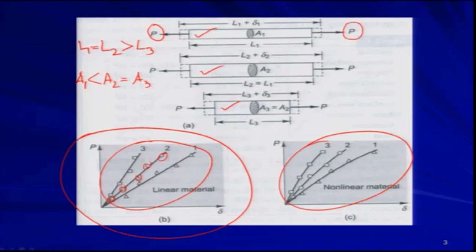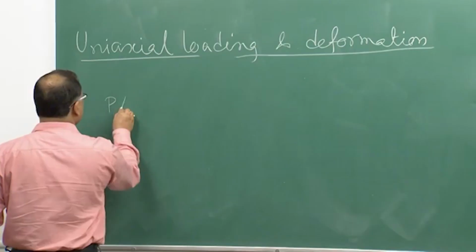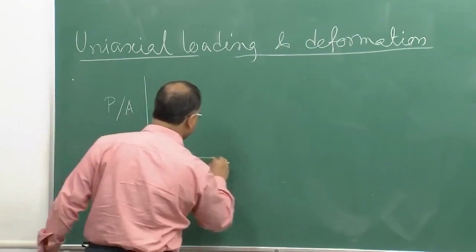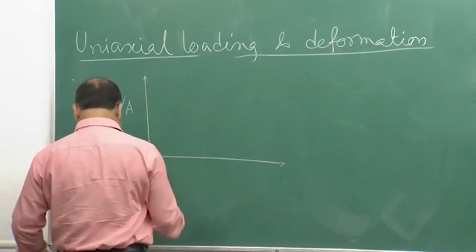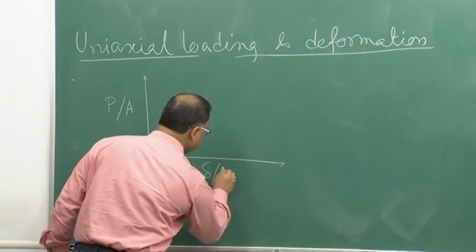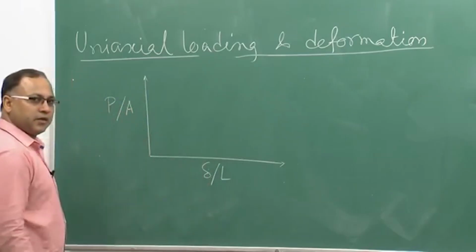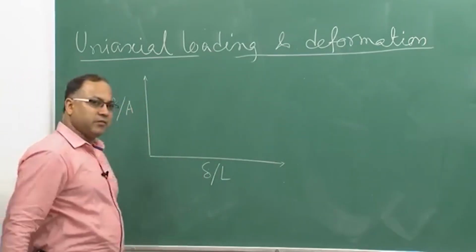Anyway, now if you look at this P versus delta plot, and I plot this in a normalized system, that means I plot P by A versus delta by L, where L is the length of the member and A is the cross sectional area of the member.